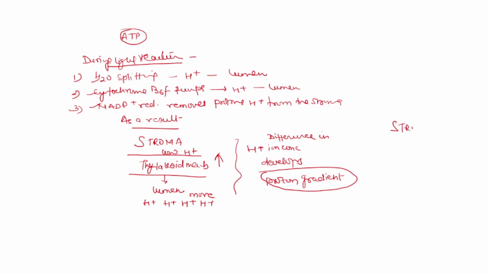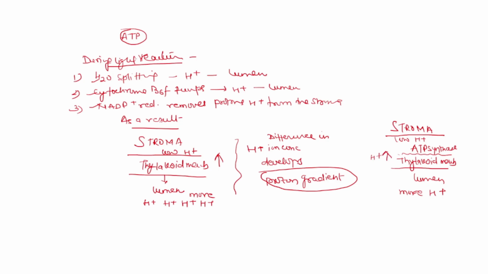Now, due to this imbalance, protons want to go back to stroma. Again we'll see stroma, thylakoid membrane, and in the thylakoid membrane is embedded an ATP synthase enzyme. So here is low H plus and here in the lumen more H plus. Due to imbalance, protons want to come back to the stroma, so they pass through the ATP synthase.